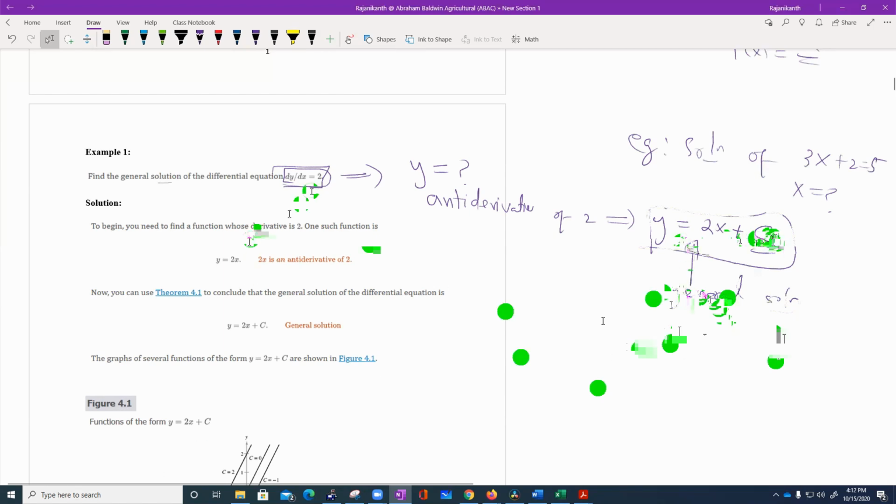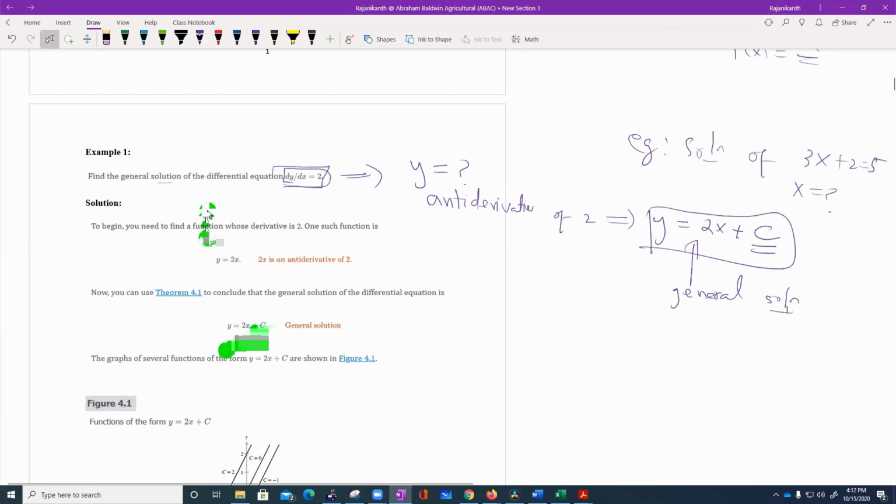Once you change your c value, you will have different y values, right? So you have more than one answer for y once you change this c. In this case, if you write c in general, that is called the general solution. So if you want to find the general solution, remember you need to add a constant after getting your antiderivative answer.